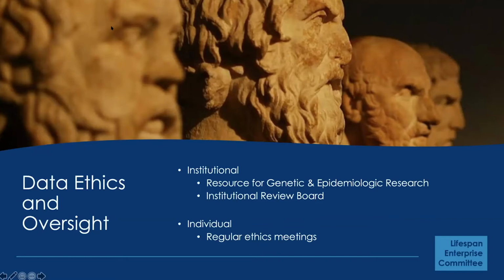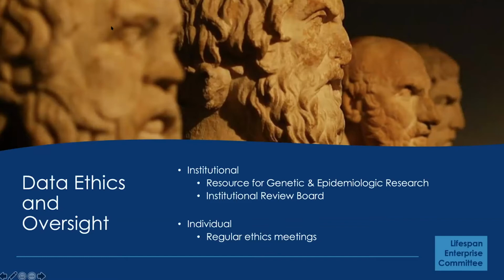So I want to pause here for just a minute to let everybody know that we take data ethics and oversight very seriously at the Utah Population Database. And I take it very seriously within my own research as well. At the institutional level, we have two separate bodies that review the studies that are coming through and using the Utah Population Database.